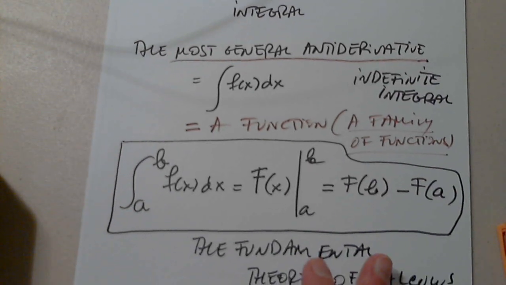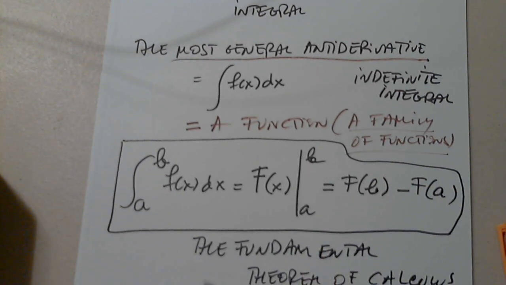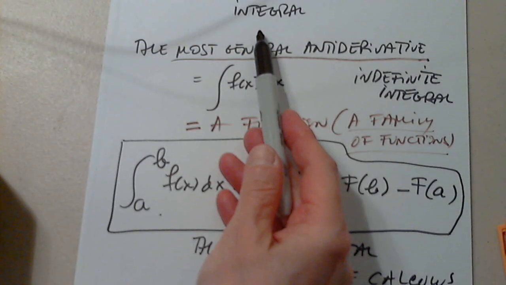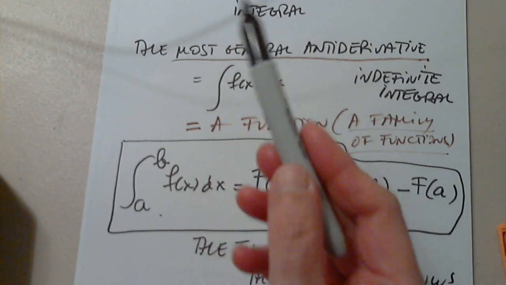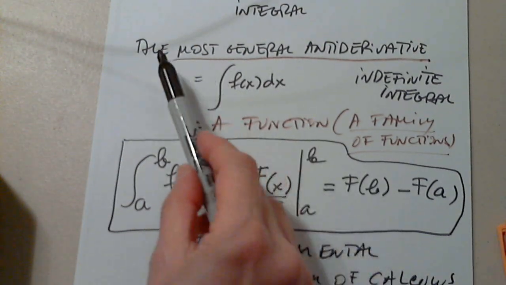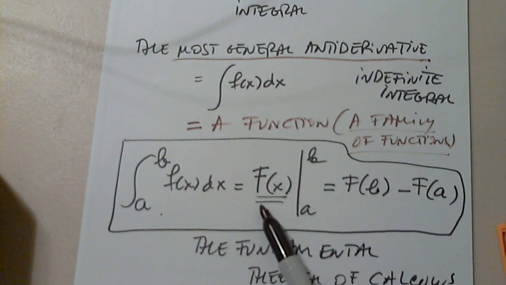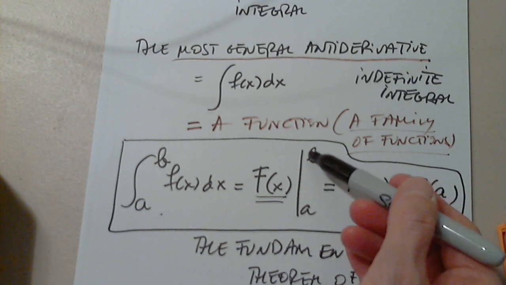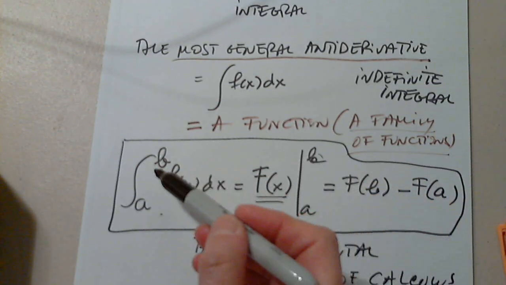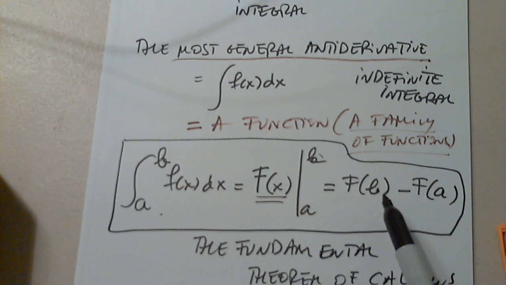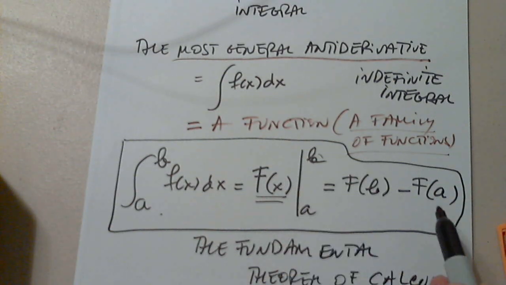What does it say? It teaches us how to find a definite integral. How? Find the most general antiderivative, and after you found it, plug in the upper limit, and then subtract when you plug in the lower limit.